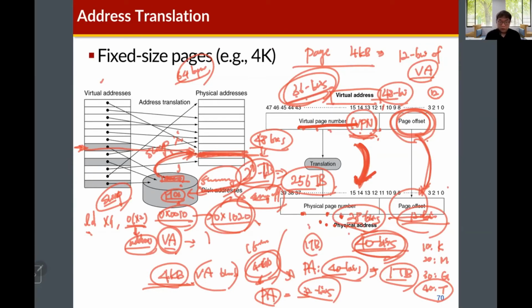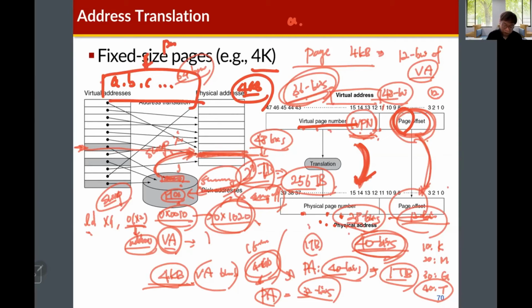This translation is performed at a granularity of a page, a fixed size like 4 kilobytes. So our data, like variables A, B, C, are included in one page.